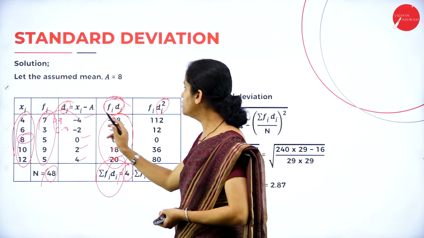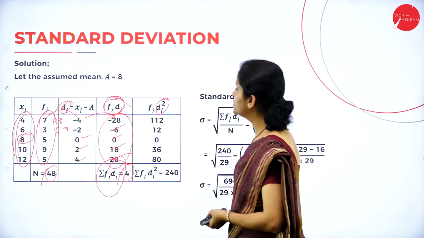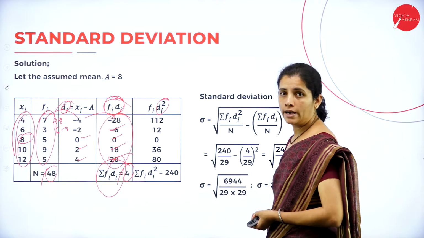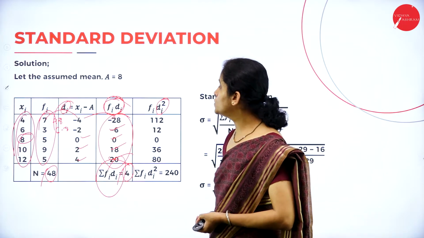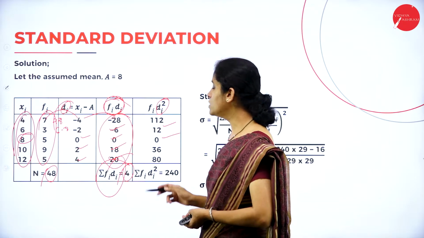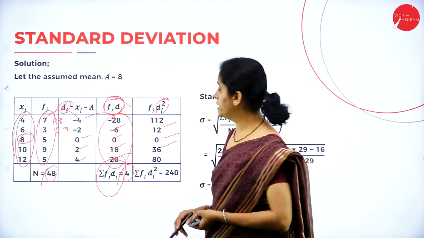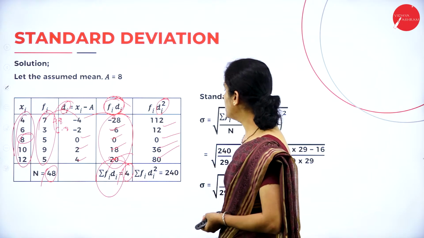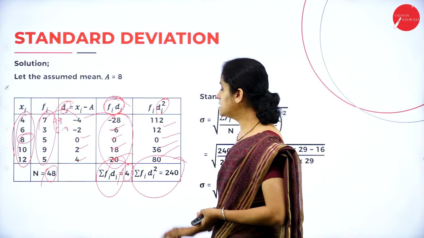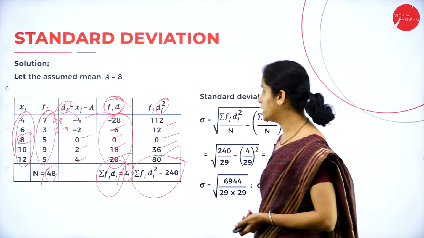So what I will do, I'm going to multiply minus 4 into minus 28, it is 112. Minus 2 into minus 6, it is 12. 0 into 0, it is 0. 2 into 18, 36. 4 into 20, it is 80. And if I take the summation, that is sigma Fi Di square equal to 240.